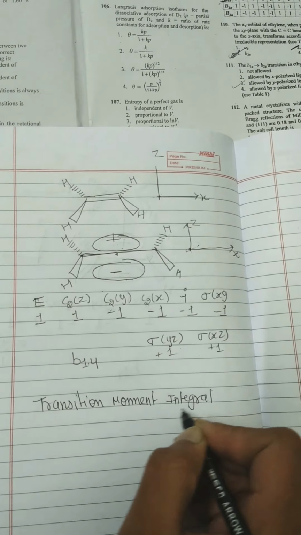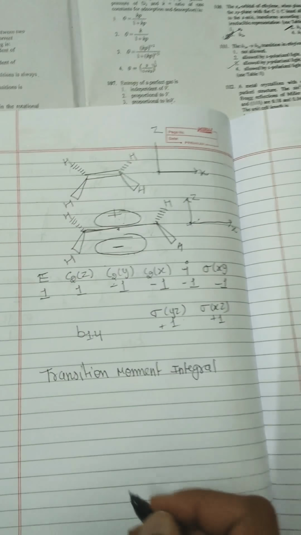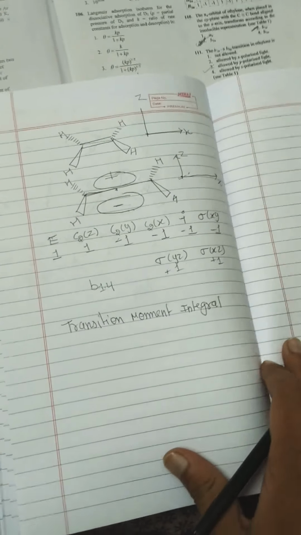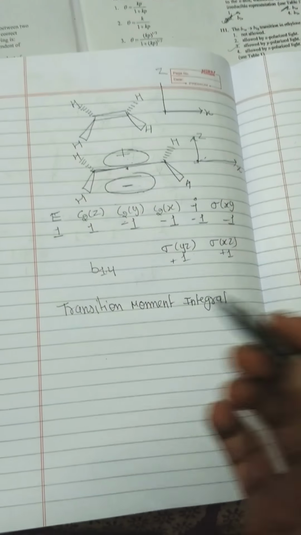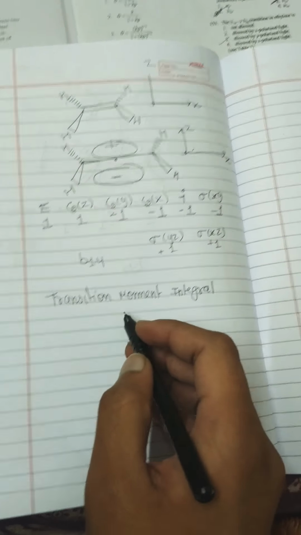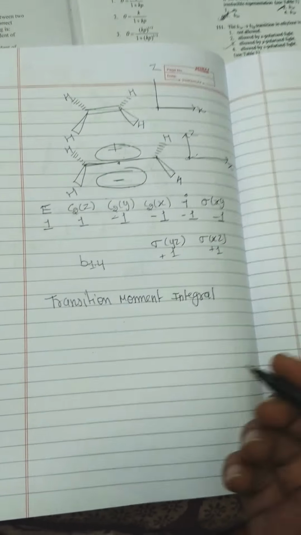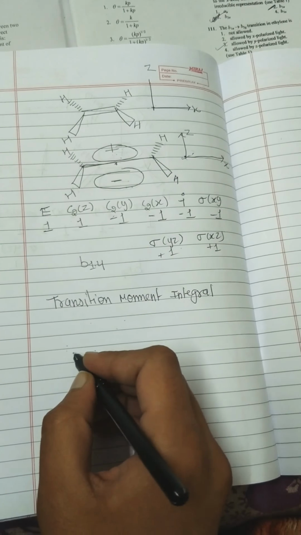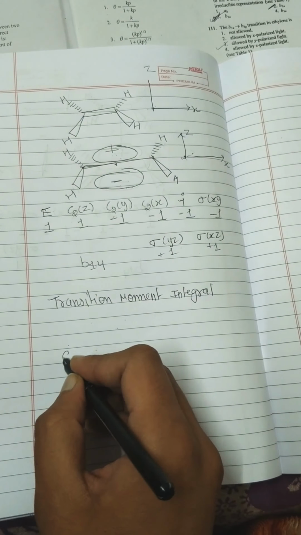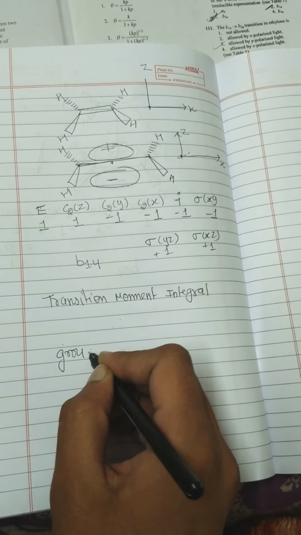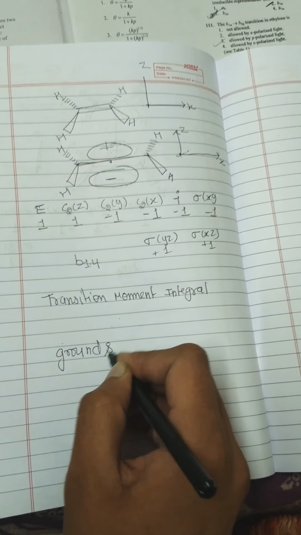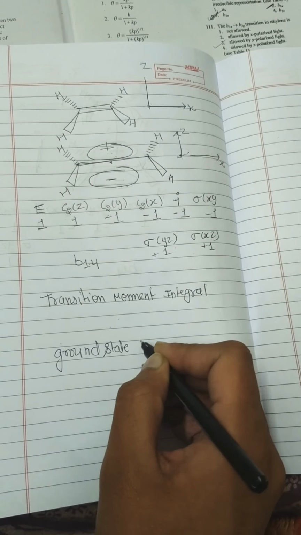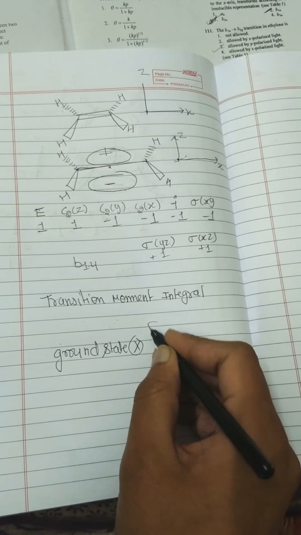I will not go too deep in this topic, but I will just tell you how to find out which transitions are allowed in the case of IR and Raman, and which are not allowed, and which polarized light we require to make a transition allowed or not. First we require the ground state term symbol, the ground state, then the direct product.